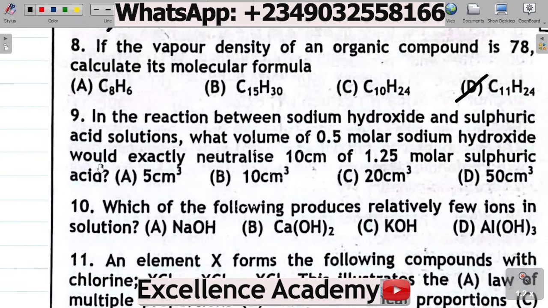They said it would exactly neutralize 10 cm cube of 1.25 molar sulfuric acid.